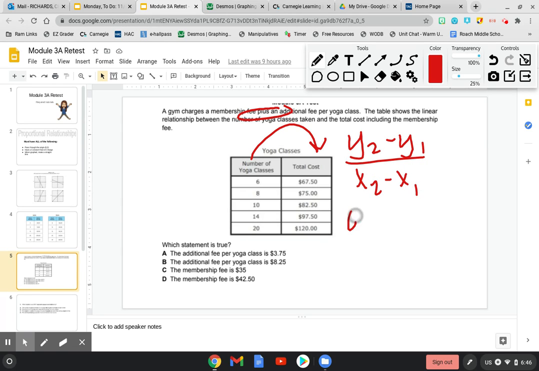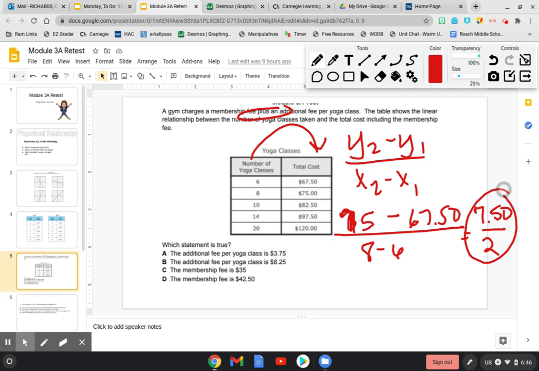When I do that, I get 75 minus 67.50, and I get the 8 minus 6. So I do all of this, and I get 7.50, and clearly that's not an answer, you need to divide. So I'm going to multiply by 3.75.